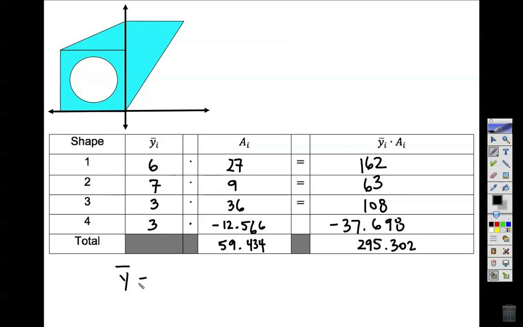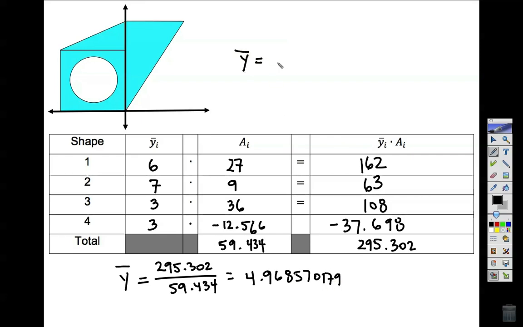So the y coordinate sum for the centroid of this shape is 295.302. Divide that by 59.434, and we get 4.968570179. So y equals 4.969 if I'm rounding to the nearest thousandth.